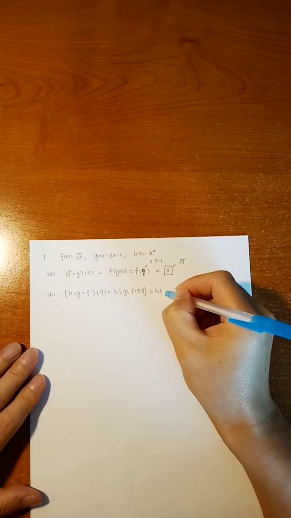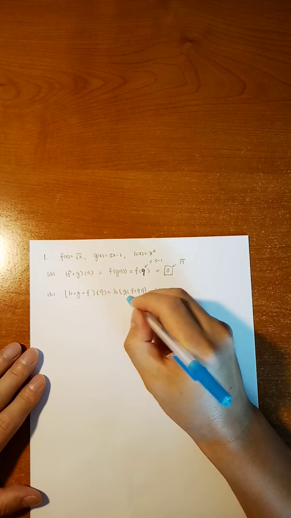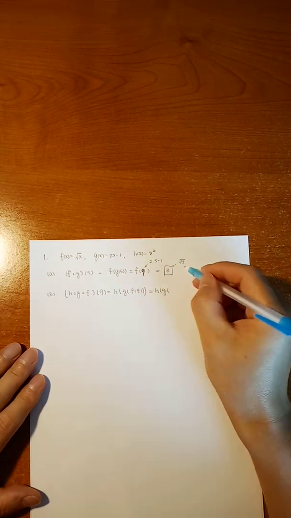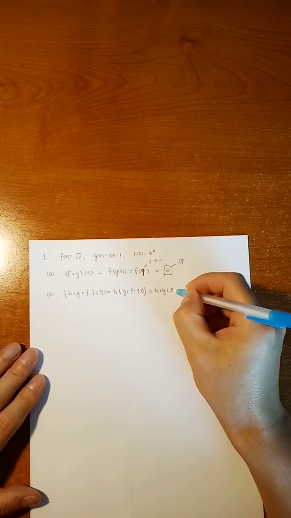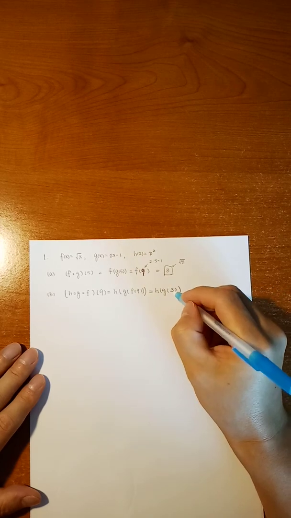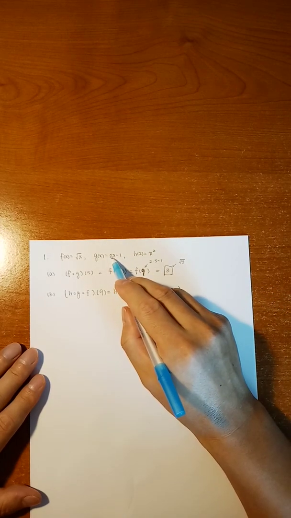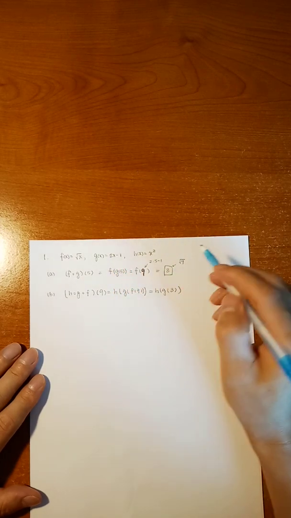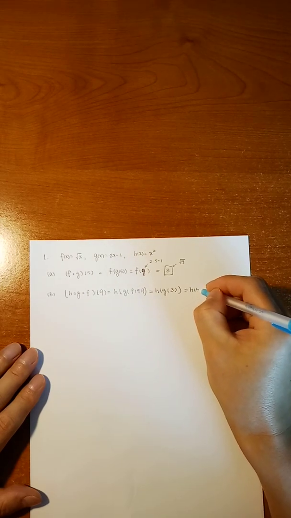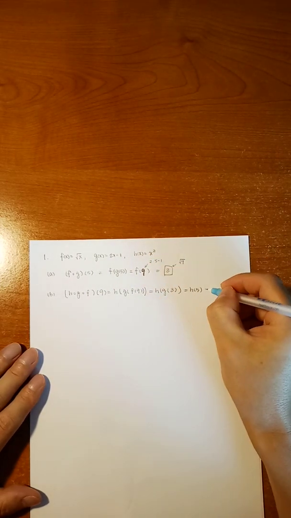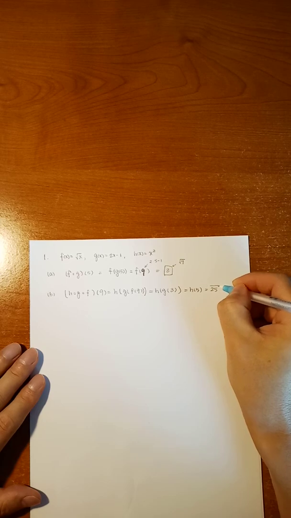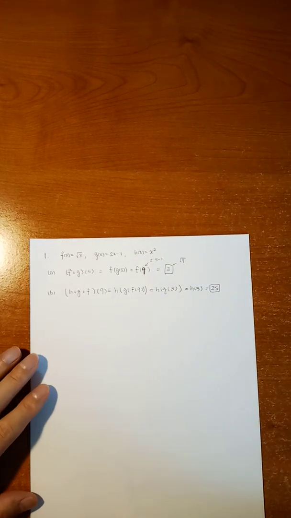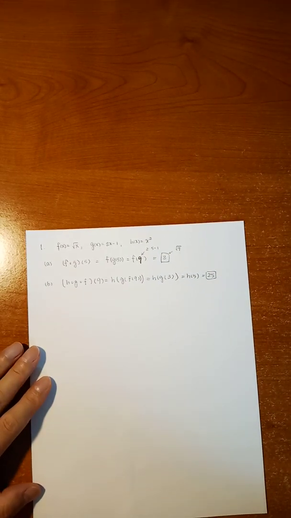We keep h and g, and f of 9. We just know that f of 9 is 3. So this is g of 3. G of 3, 2 times 3 is 6, 6 minus 1 is 5. So it's h of 5. Then h is x squared. 5 squared, 25. Okay, this is our first evaluation problem.